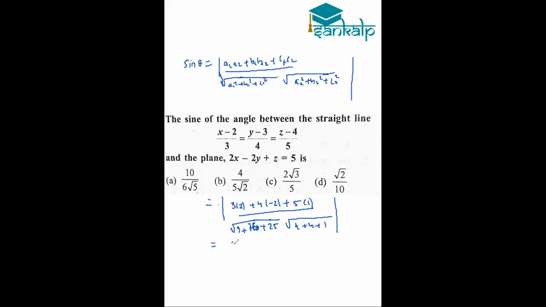3. This will be root 50 and root 9, which is 3. The 3 and 3 will cancel, and 50 can be written as 25 into 2, so it is 5 root 2. If we multiply and divide by root 2, it will be root 2 divided by 10, and it is option D. Option D is the right option.